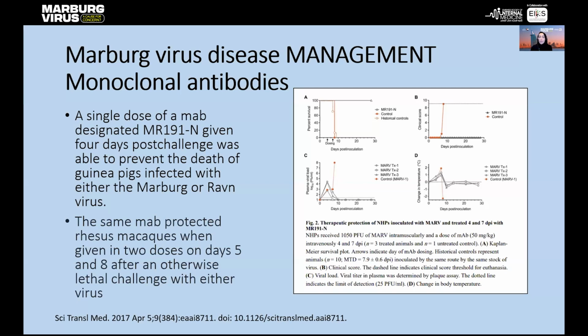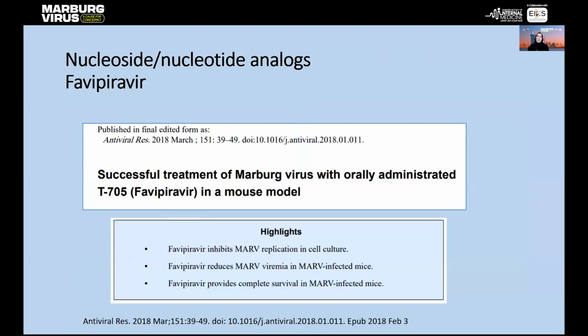The same monoclonal antibody protected macaques when given in 2 doses on day 5 and 8, after an otherwise lethal challenge with either virus. So without the monoclonal, if you inject those animals with that dose of the virus, it will be lethal. So this is very promising.